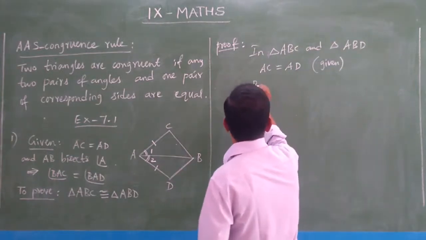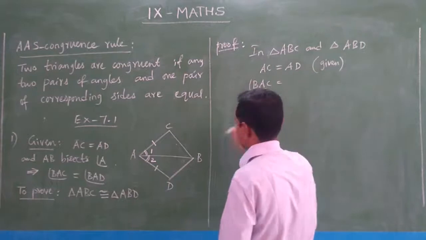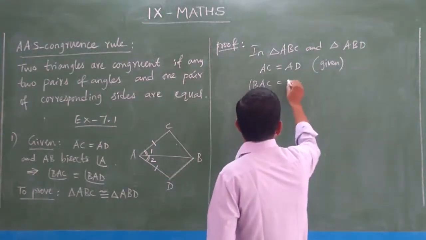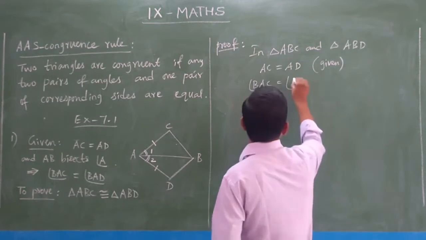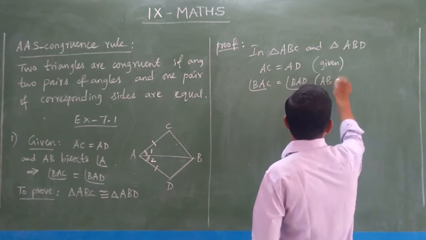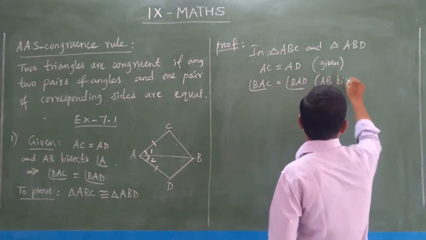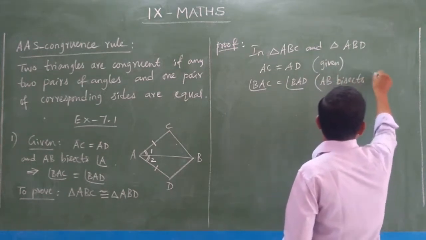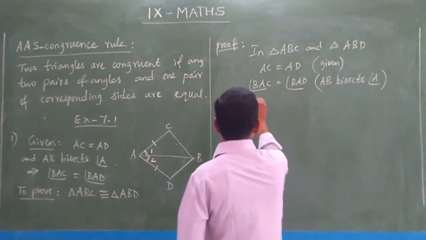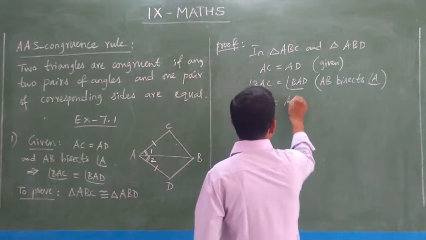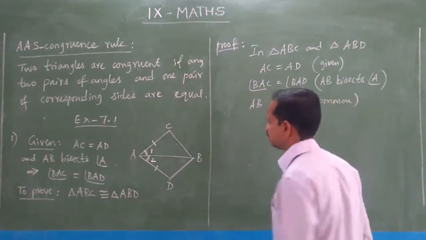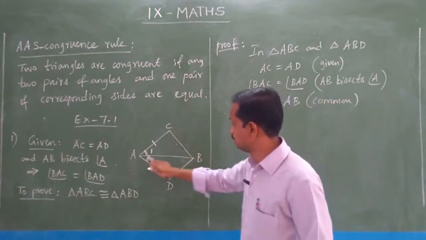BAC. We have to write like this, but for understanding, you can write the names there. BAC is equal to angle BAD. The reason: AB bisects angle A. That is the reason why they are equal. And you see, AB is equal to AB. Common, this is the common side for both triangles.